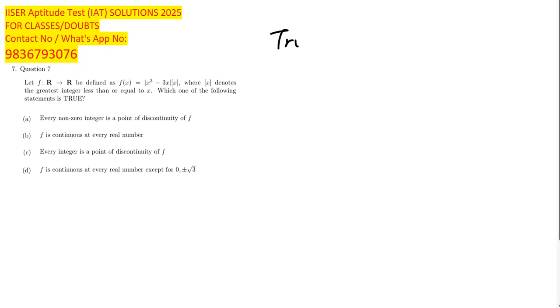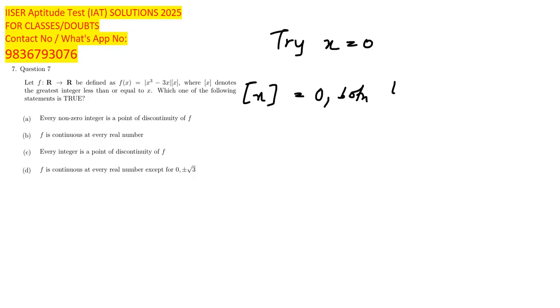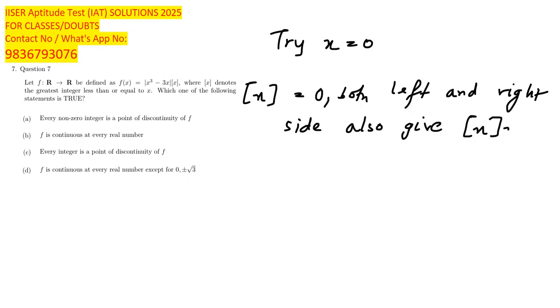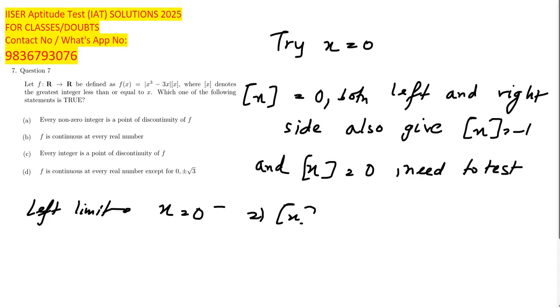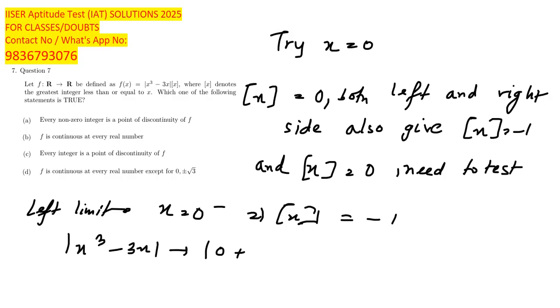For the third option, try x = 0. We need to test the left limit and right limit. Left limit: x is −1 to 0, so x³ − 3x tends to 0, and f(x) is equal to 0.